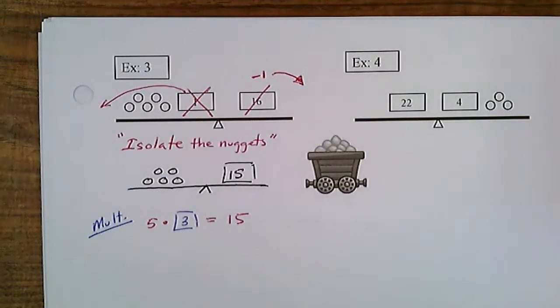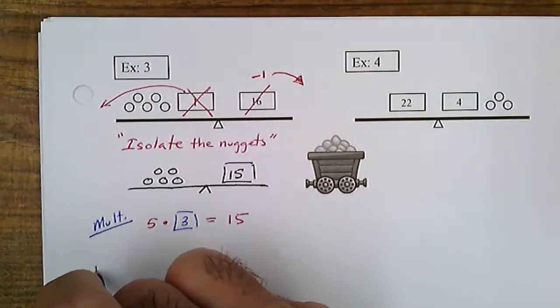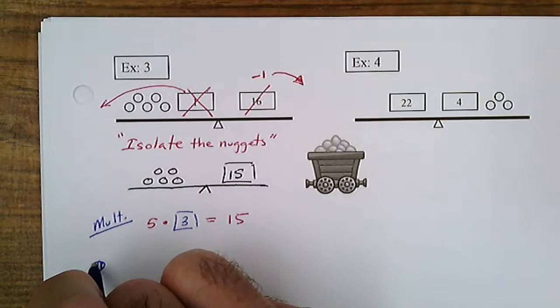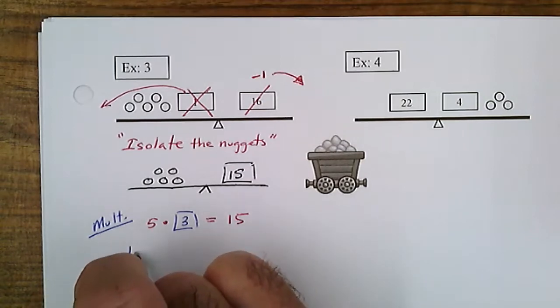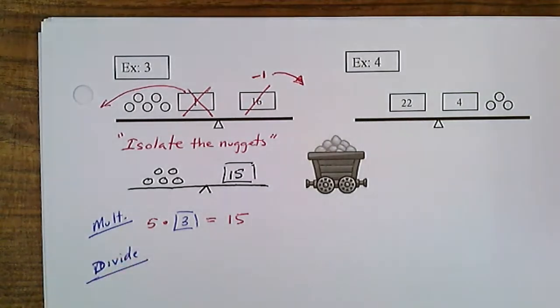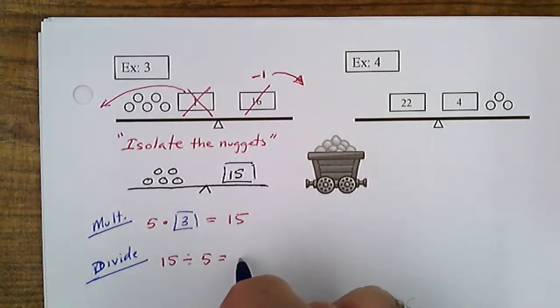All right. And if I wanted to do the divide strategy, I would take the 15 and start with that. And then I would divide by 5 gold nuggets. So I'm going to divide by 5. And that would give me 3.